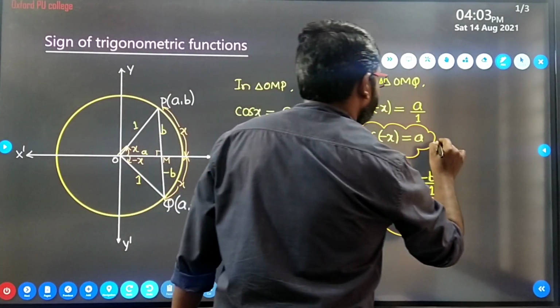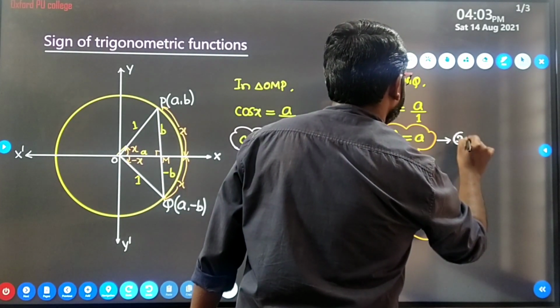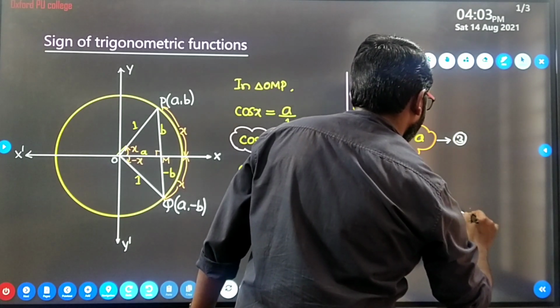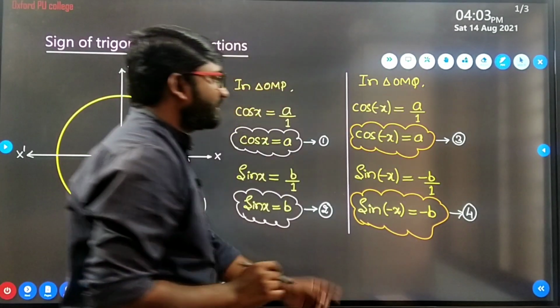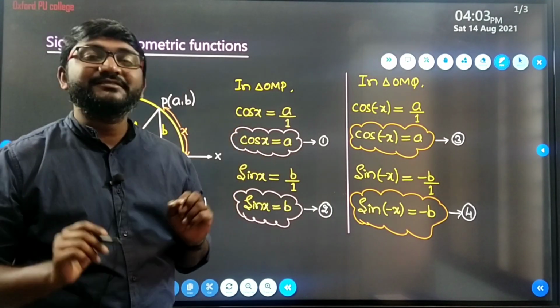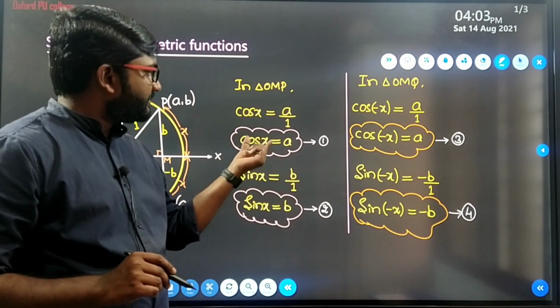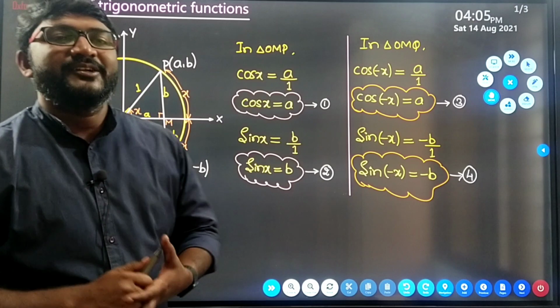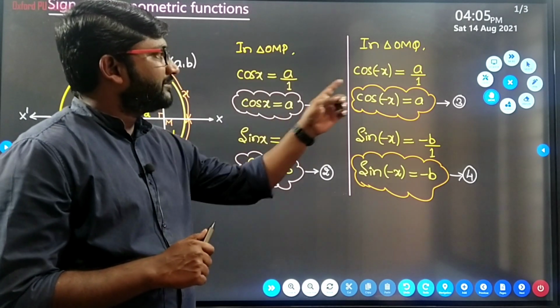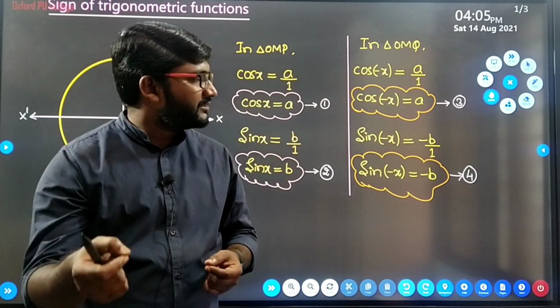And here this is equation number 3. This is equation number 4. Then compare equation 1 with equation 3. So cos x is equal to a. Let us compare equation 1 with equation 3 and equation 2 with equation 4.